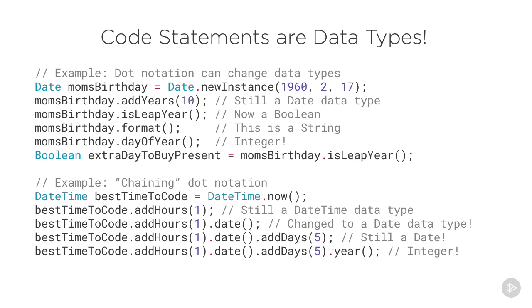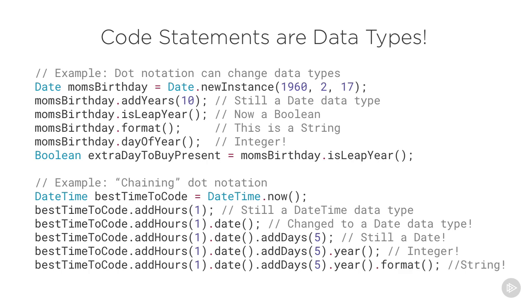We'll chain the year method, which returns to us an instance of an integer, for example, 2017. We now can only use integer methods. Finally, we'll chain together the format method, which translates our integer into a string. The final output of this massive line of code is just an instance of a string.